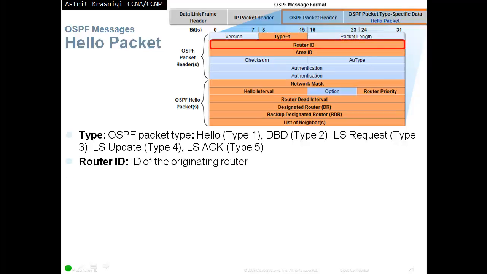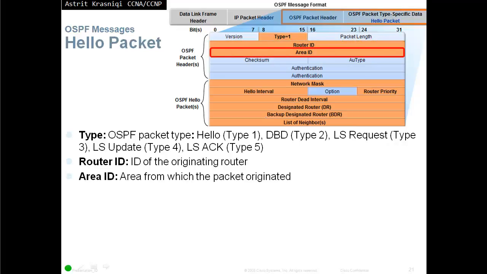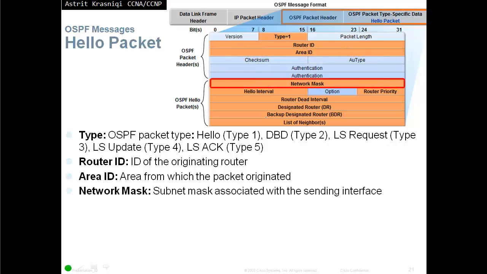The next section is the router ID. So, not to go too fast, this is the ID of the originating router, and it has to be unique within the area. Then we look at the area ID, the area from which the packet originated. Then we look at the network mask, the subnet mask associated with the sending interface.